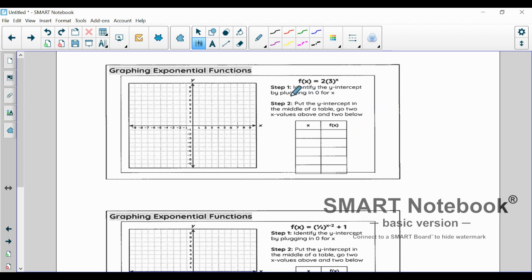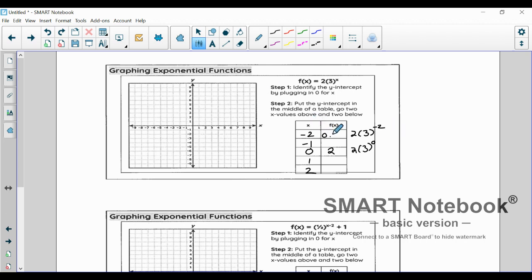So to graph these, we're going to find the y-intercept by plugging in 0 for x. So if I plug in 0 for x, I get 2 times 3 to the 0, which is going to give me 2 if I check my calculator. So I'm going to go 2 x values above that and 2 x values below that. So now I'm going to do 2 times 3 to the -2 power.